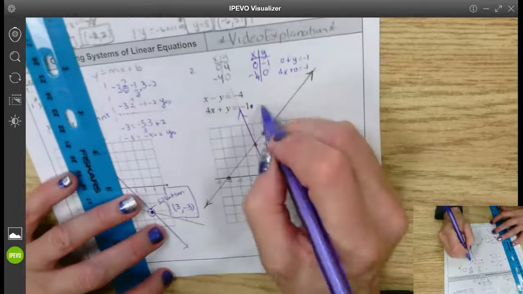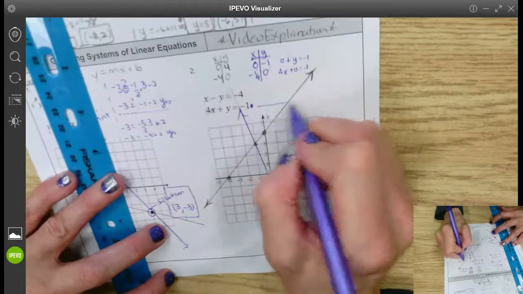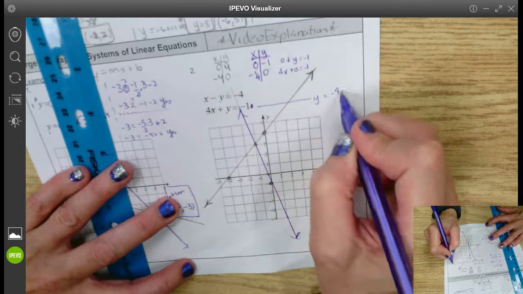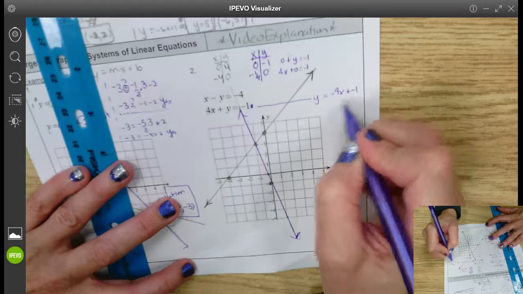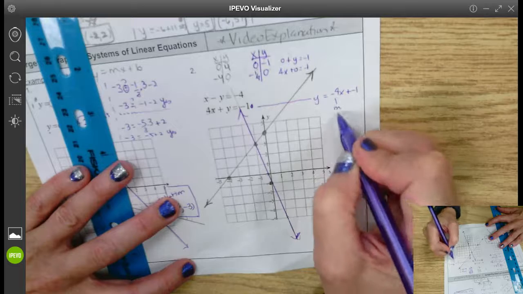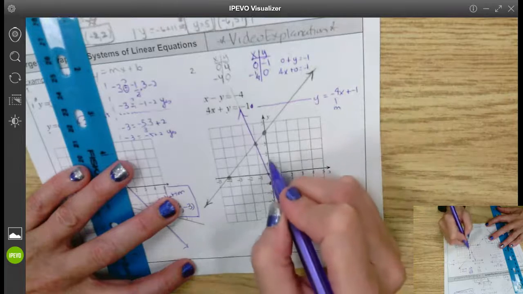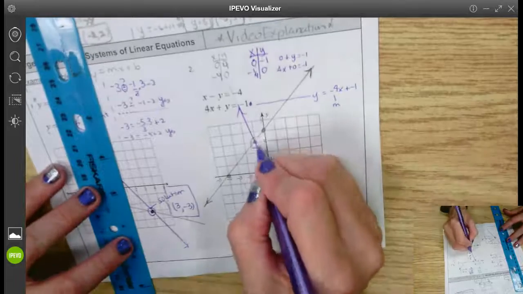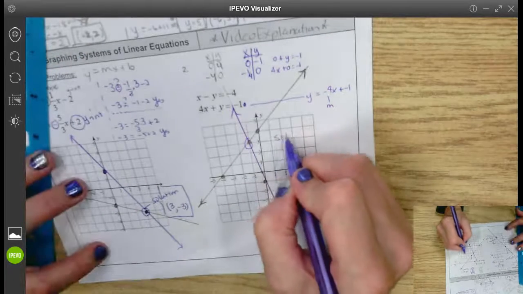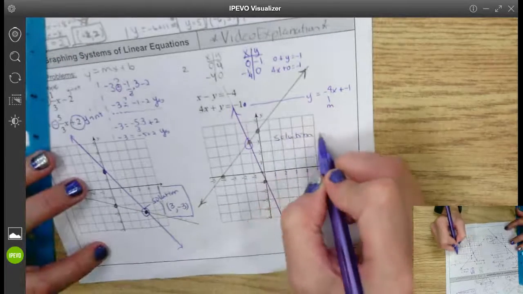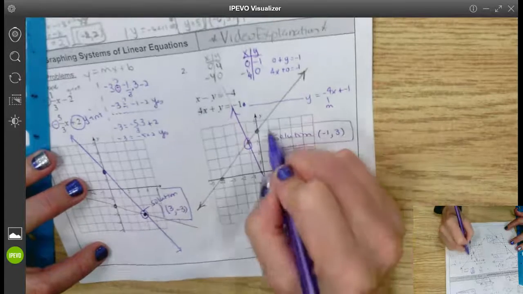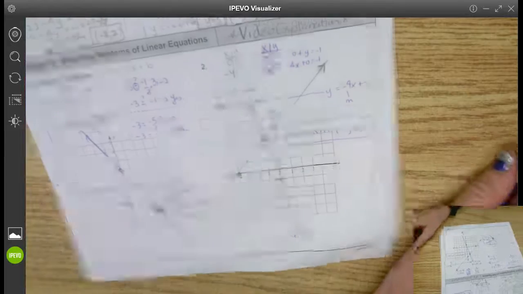So if you didn't see how I double checked myself on that one, in my mind's eye, I rearranged that problem so that I knew my slope was -4, and that's how you saw me move 1, 2, 3, 4 over 1. That's how you saw me notice that this is your solution now. So your solution is -1, 3. And again, you can always check your work and put that in.